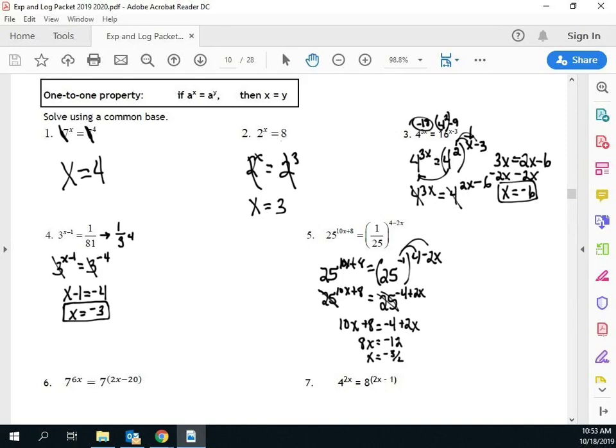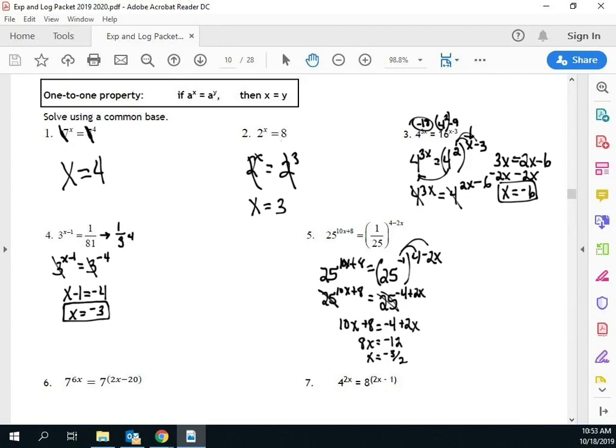Nope. 3 halves. If you divide by 8, you get negative 12 over 8, which reduces to 3 halves. A little bit lengthier on that one.